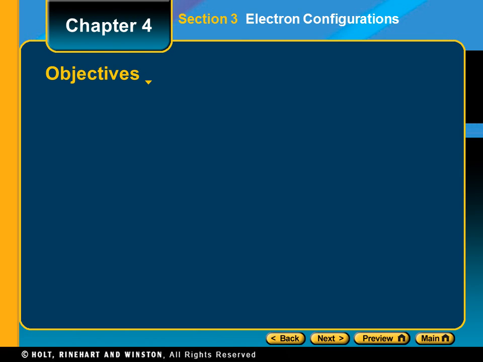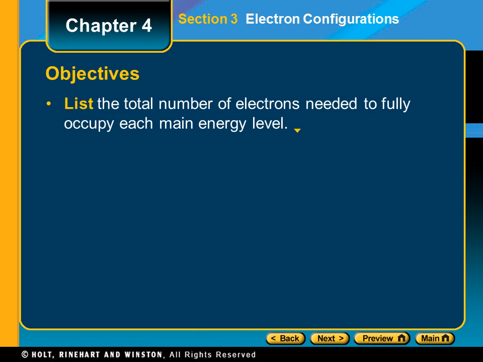All right, gentlemen, this is now going to take us into section 3, which is going to begin to lay out, based on the information that we just discussed, the electron configurations in atoms and actually doing that work. So, things that you're going to need to be able to do after going through this chapter: list the total number of electrons needed to fully occupy each main energy level.